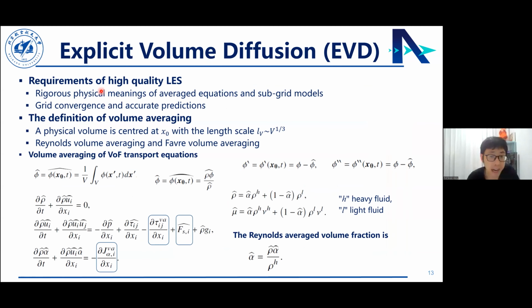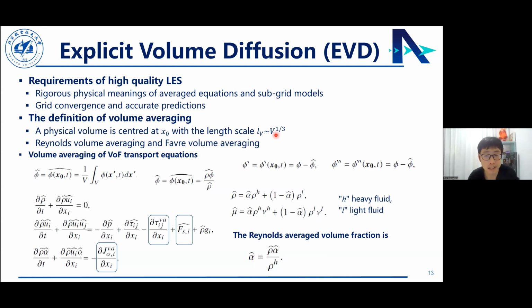Okay, then we define a volume averaging concept. This volume is a physical volume. It's not a grid, it's a physical volume. It's centered at a point x0 with the length scale of its volume to the one third order, and the Reynolds volume average and the Favre volume average can be defined here, similar to the turbulence filtering.